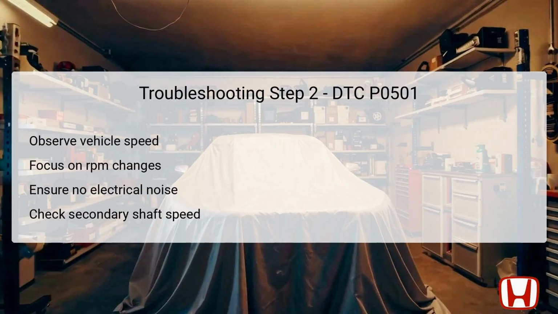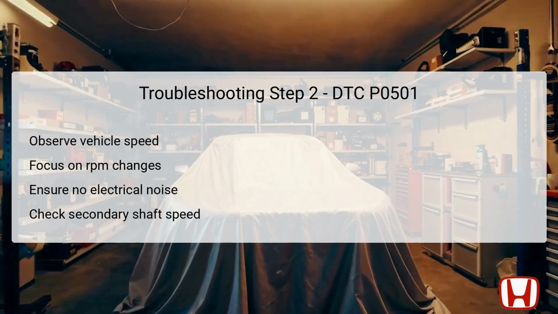During the second troubleshooting step, it's imperative to observe the vehicle's speed closely, particularly as the vehicle approaches the design speed thresholds. This observation would also involve monitoring RPM changes, ensuring that the observed values align with expected parameters. It is crucial to highlight the importance of confirming that no electrical noise exists in the CVT speed sensor output circuit, which can distort the signal sent to the TCM.